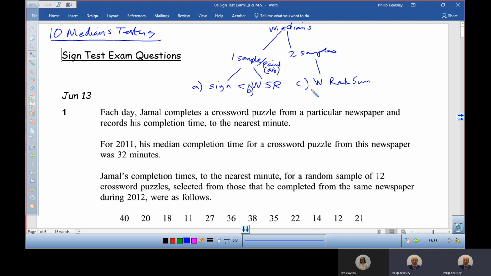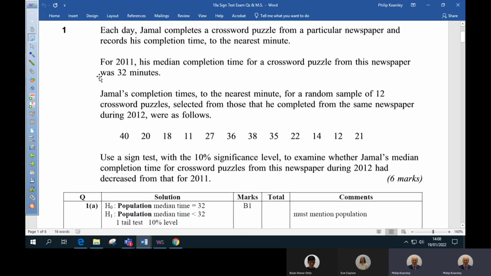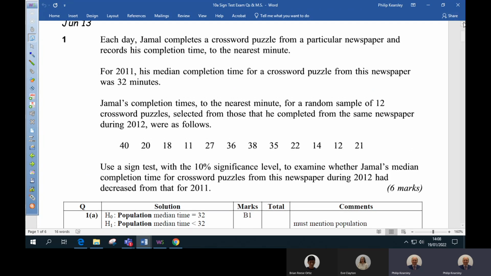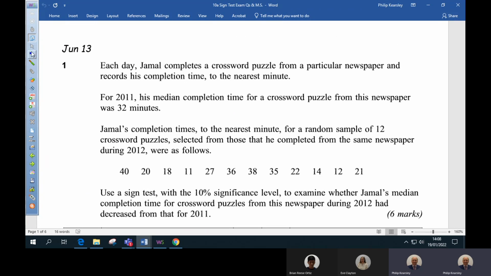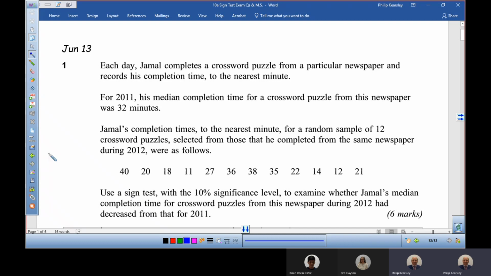This question here from 2013 from the Legacy set is Jamal completed a crossword. Used to taking 32 minutes on average. Includes the name median. The Greek letter we use for median is eta.